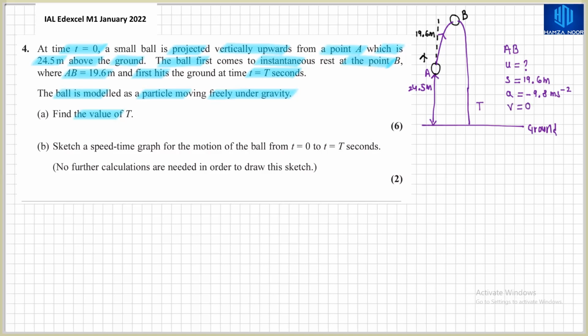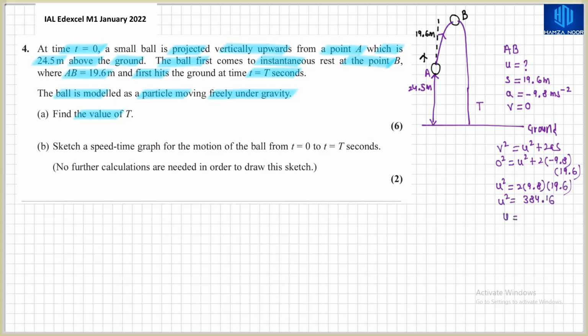So we are going to find the initial velocity of the ball. v squared equals u squared plus 2as, which means 0 squared equals u squared plus 2 times minus 9.8 times 19.6. In this way, we are going to find the value of u. So u squared equals 2 times 9.8 times 19.6, so u squared equals 384.16.